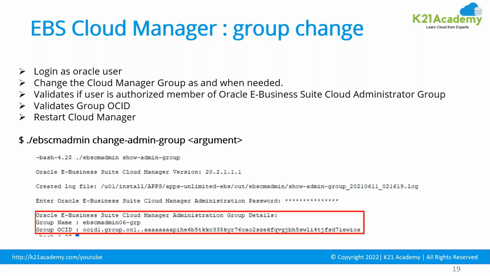And then once they are done with that, maybe during the configuration of the load balancer or whatever network related activities are there, then I can change the group as a cloud manager administrator and bring it back to my original group.